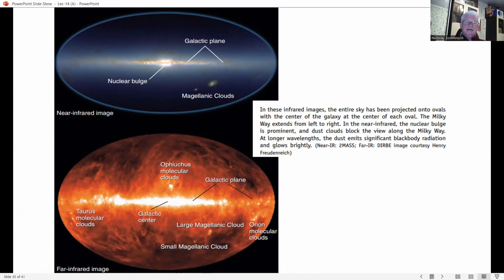The halo is a spherical cloud of thinly scattered stars and globular clusters. It contains only about 2% as many stars as the disk of the galaxy, and has very little gas and dust. Because of this, no new stars are forming in the halo.